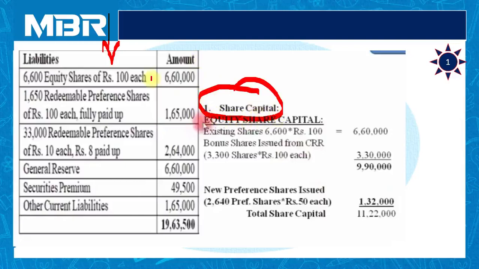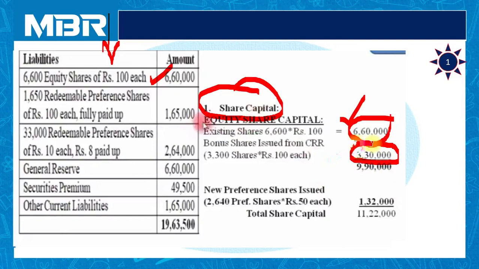Now let us check on the liability side of the balance sheet. 6,600 equity shares of rupees 100 each, that is 6,60,000 given to us over here. So 6,60,000 as it is. Now simply recall the process of RPS redemption. During the process of RPS redemption, we have issued equity share only once, that is during step number 6.